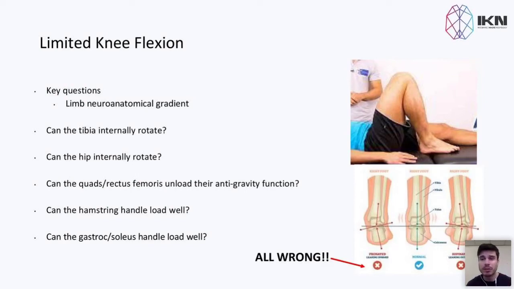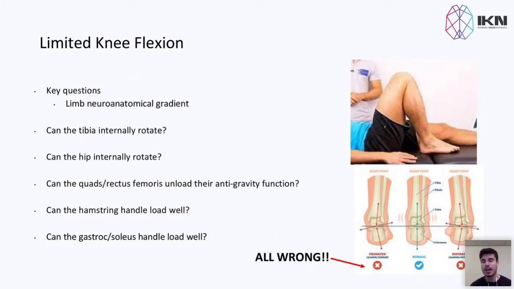But what if that lack of tibial internal rotation is there because the gastroc can't contract isometrically, and the individual has to move into knee extension to feel stable, or the quads are constantly expressing too much concentric activity, and the knee is always moving towards extension, so they can't bend the knee? So when you do rotation mobilizations of the tibia, it may not hold because you haven't trained the muscles to be able to allow for that tibial internal rotation.